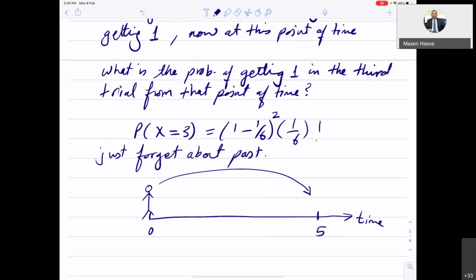We calculated that we need 5 trials to get 1, and then at 2 I came to check on you, and now I asked, what's the probability that we'll get a 1 after 3 trials?